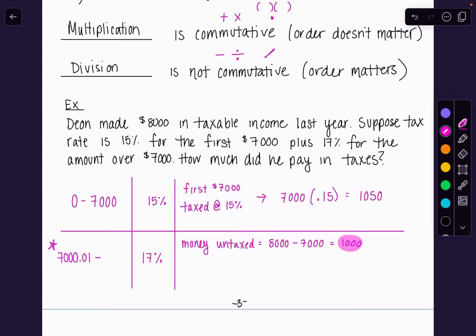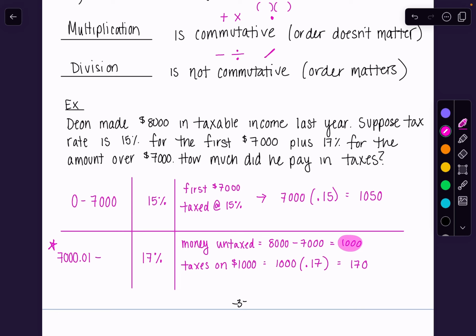Now again, he had $1,000 more that was untaxed. So his taxes on that $1,000 are going to be 17% of $1,000. So we take $1,000 and times it by 0.17. So on this $1,000, he's going to pay $170.